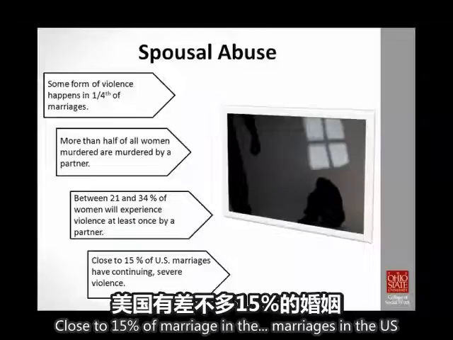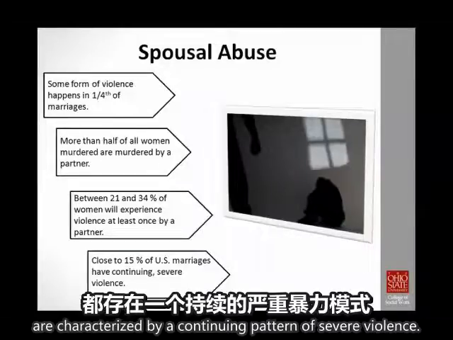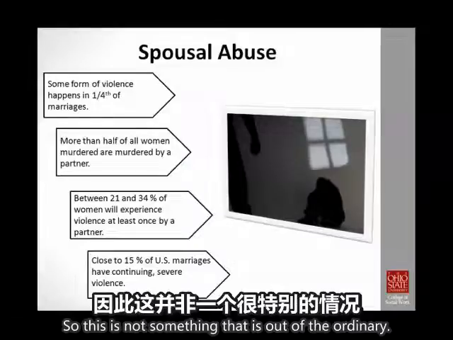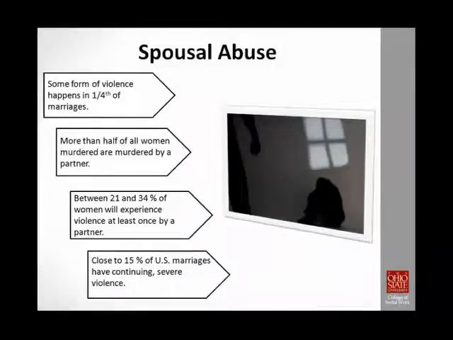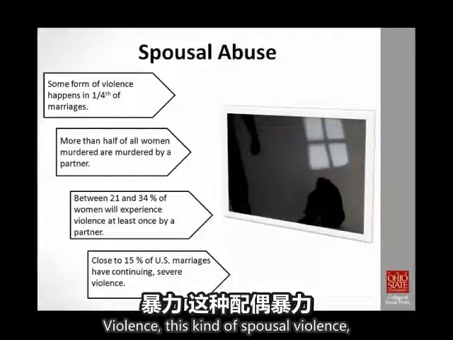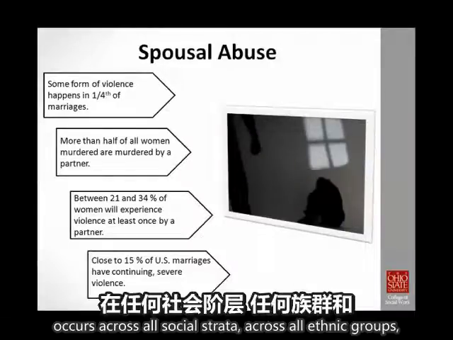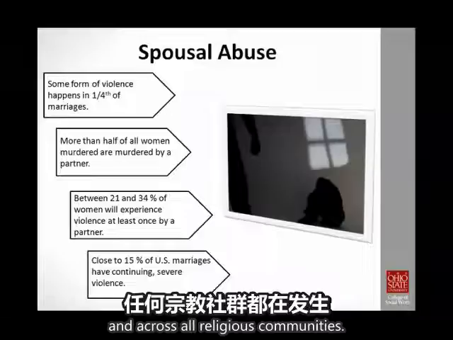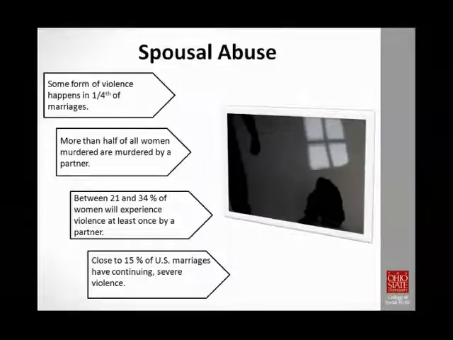Close to 15% of marriages in the U.S. are characterized by a continuing pattern of severe violence. So this is not something that is out of the ordinary. This kind of spousal violence occurs across all social strata, across all ethnic groups, and across all religious communities.